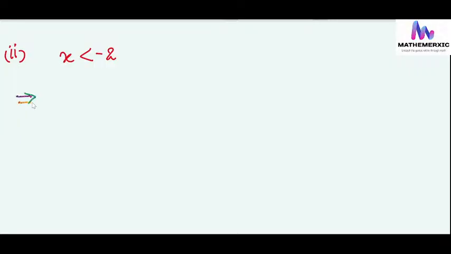It implies that 1 by x, 1 by minus 2. X is less than minus 2, so it is negative, obviously a negative number.